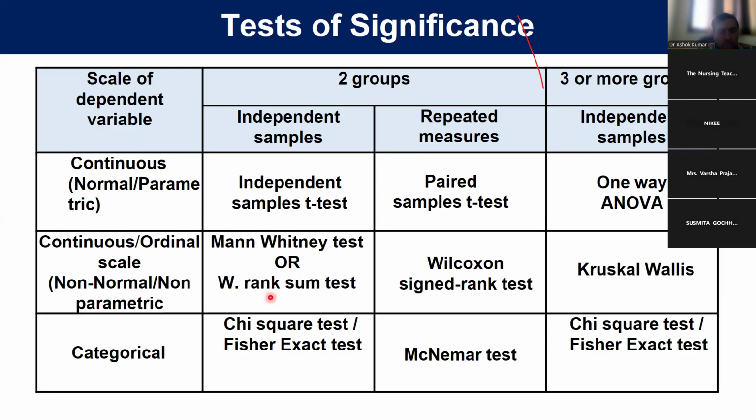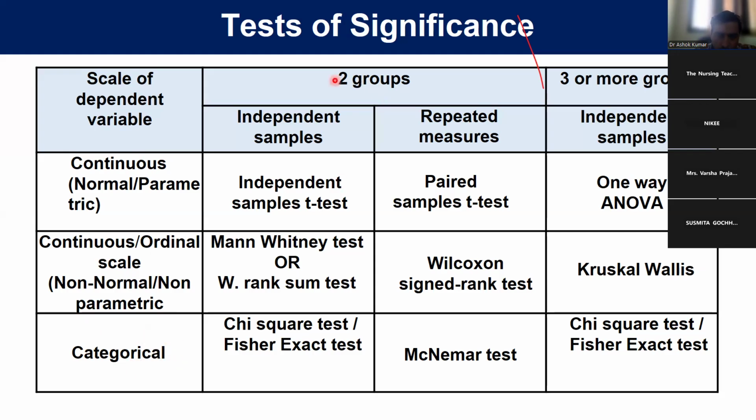If the dependent variable is a categorical variable, for example mortality, yes and no; smoker, yes and no; diabetes, yes or no, that is a categorical variable.